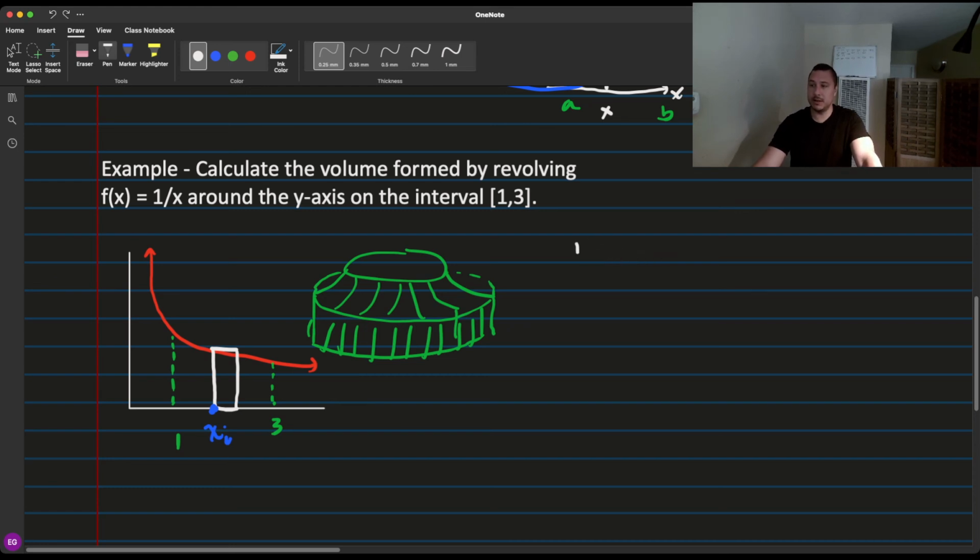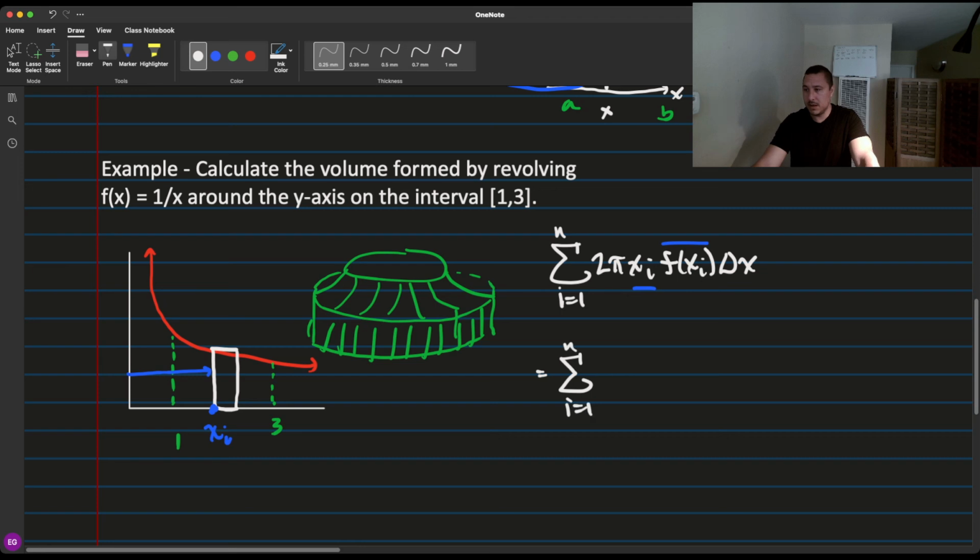We know that we're going to have the sum of i equals 1 to n of 2 pi xi times f of xi delta x, where xi is that radius as we're going around, so that's still the xi. The f of xi that's determining the height is our function 1 over x. So as we plug it in, we get the estimated volume is sigma i equals 1 to n of 2 pi xi times 1 over xi delta x.